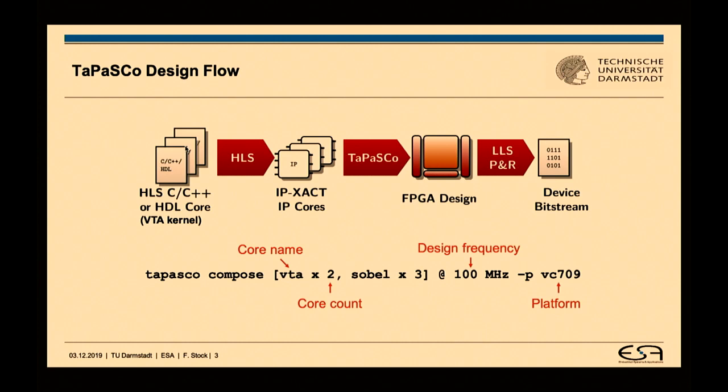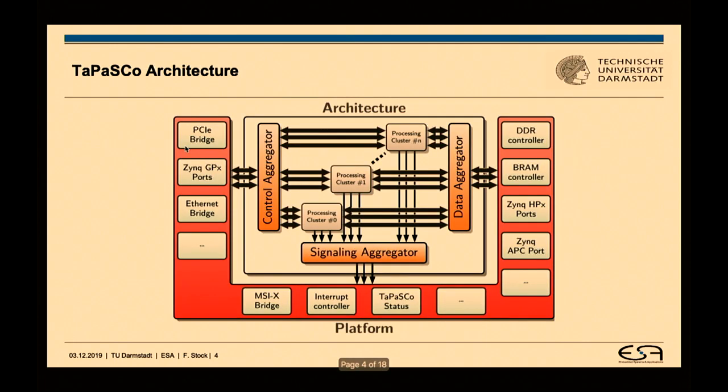Here at the bottom, we see such a command line, how you would instantiate some kernels. In this example, you see the VTA kernel name, and it's actually instantiated twice, together with some other kernel which does some other task, a Sobel filter in this case. And you say on which platform and what your design frequency is.